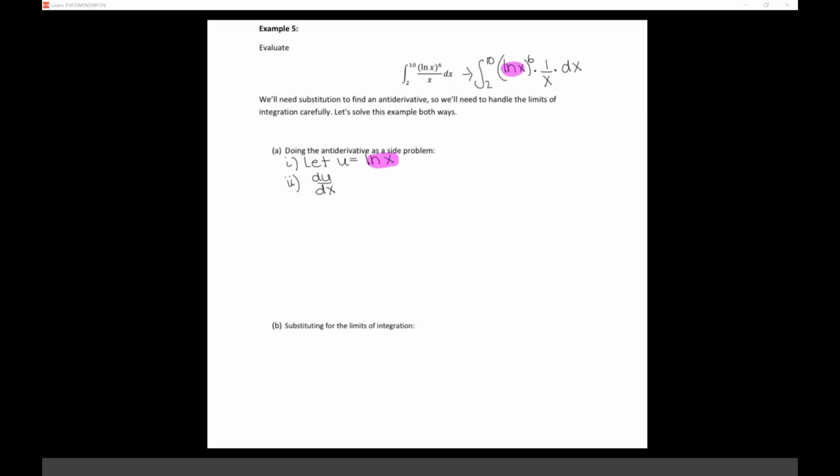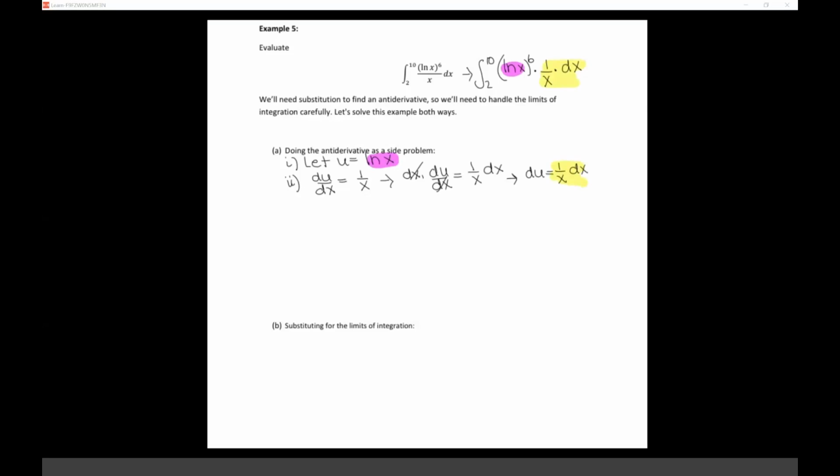I've got my u, and du dx is 1 over x. I actually need 1 over x dx. That's easy. I'm just going to multiply both sides by dx. And I get du equals 1 over x dx, which again is what I'm trying to match over here.